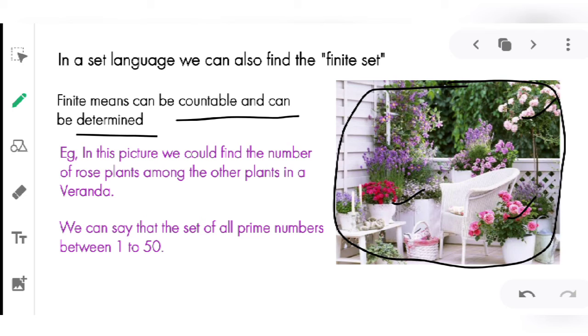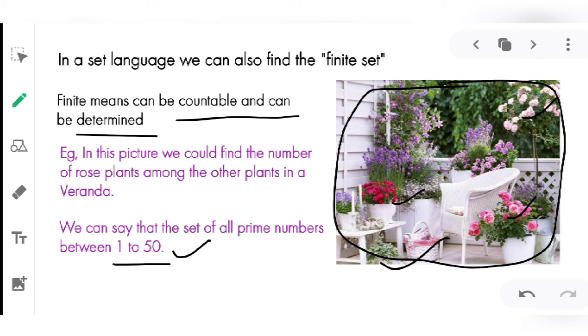Okay, these examples make the concept easy to understand. Also we can say that the prime numbers from 1 to 50 form a finite set, because we can say which numbers are prime between 1 and 50. So that is a collection which is also considered a set.